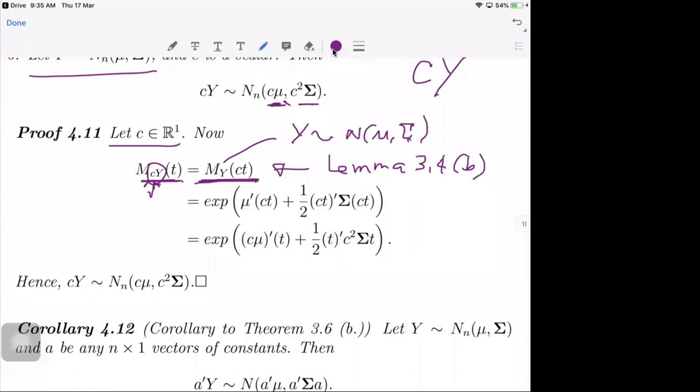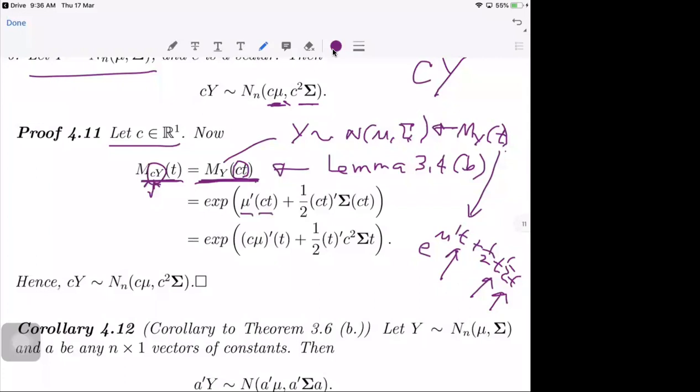So the moment generating function at t will be e to the mu prime t plus 1/2 of t prime sigma t. But this time, it will be at ct. So every t becomes ct. So it will be mu prime ct plus 1/2 ct prime sigma ct.